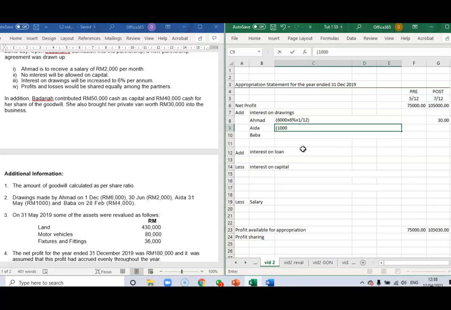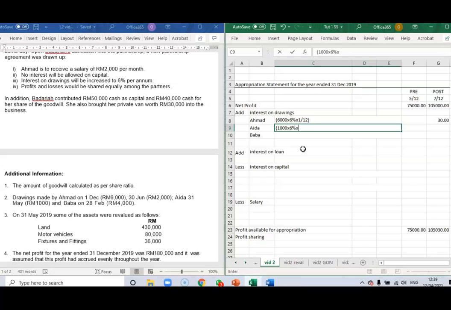So you start from June. Again, it will not apply for pre because June is already in the post. So again, you will use the 6% rate, not the 4%, because 4% is only for pre.